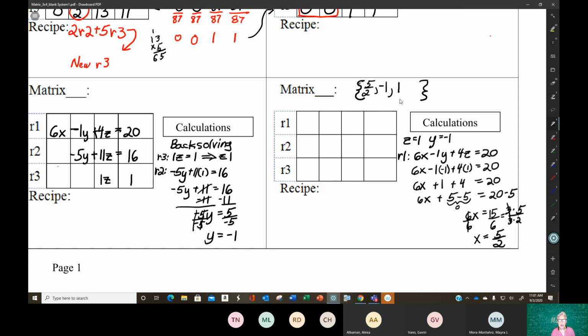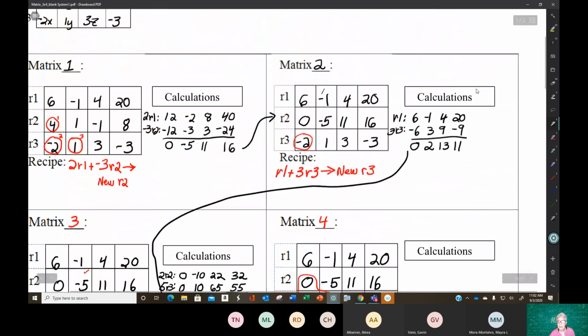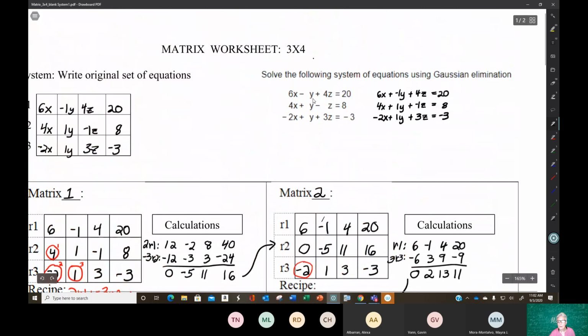There is a way to check this, and that's to go back to the original problem. Put the x number in for x, the y number in for y, the z number in for z, in all three of these and see if you get truthful answers.